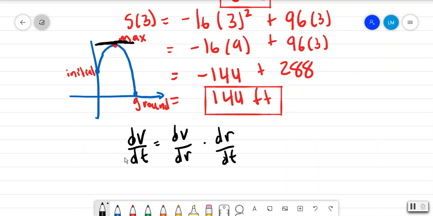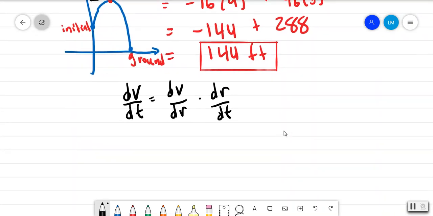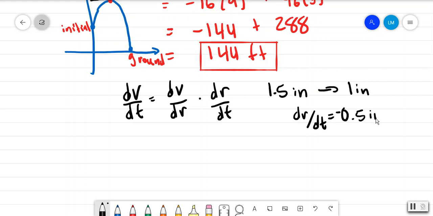If I happen to know the rate of change of the radius, I would just substitute it in. For instance, if I know that the radius has gone from, let's say, 1.5 inches to 1 inch, then dr/dt is equal to negative 1/2 inch per minute. Then I would plug this into that equation.